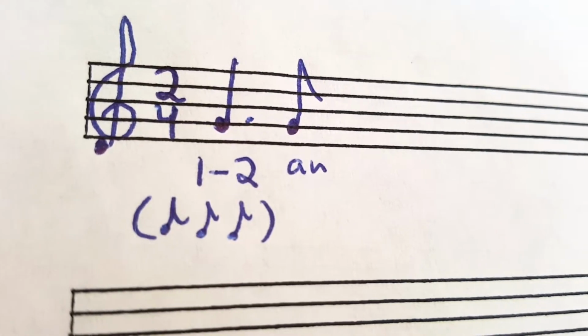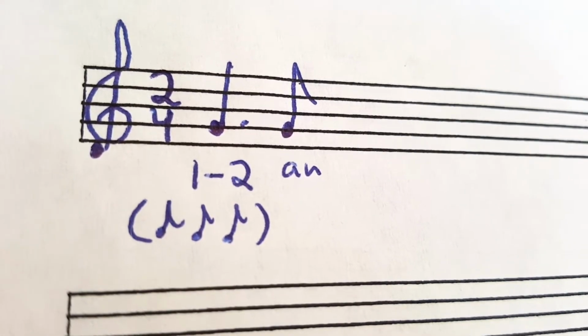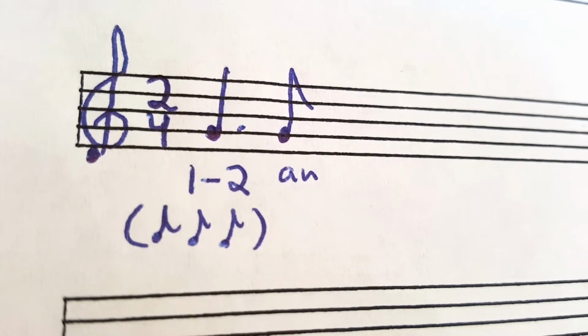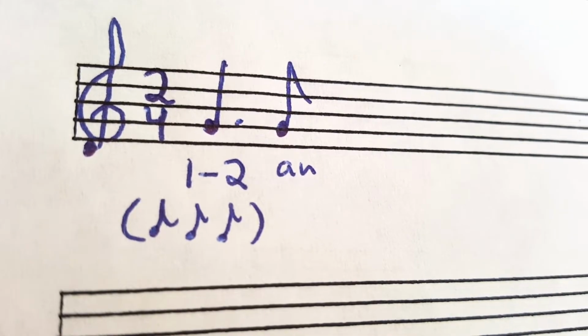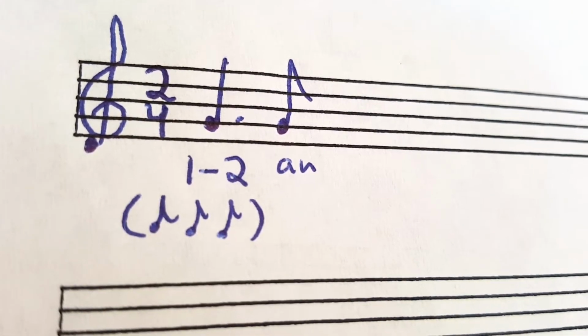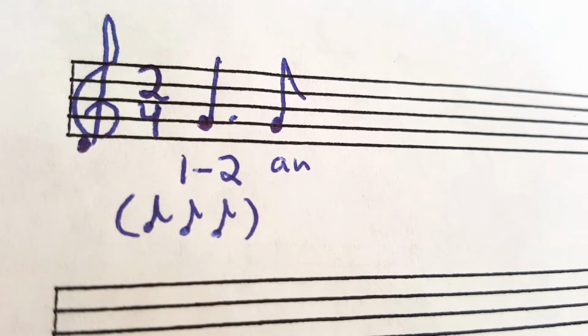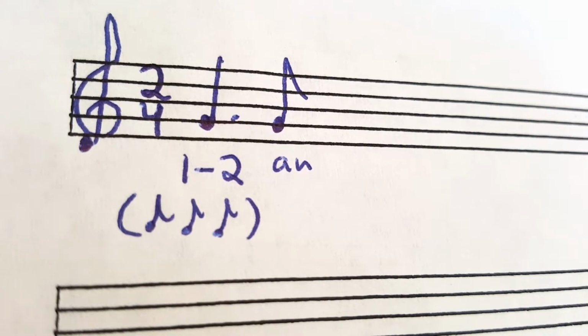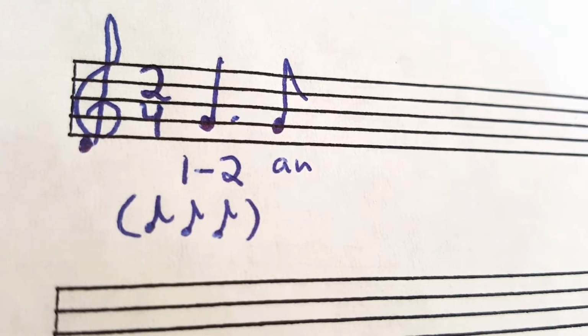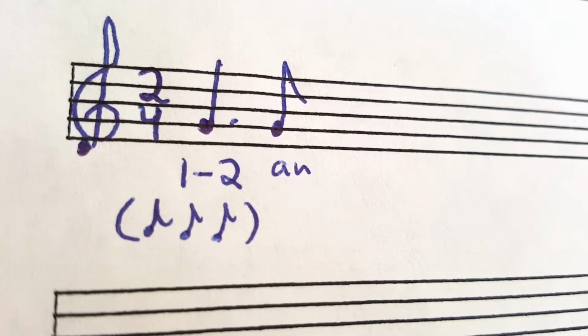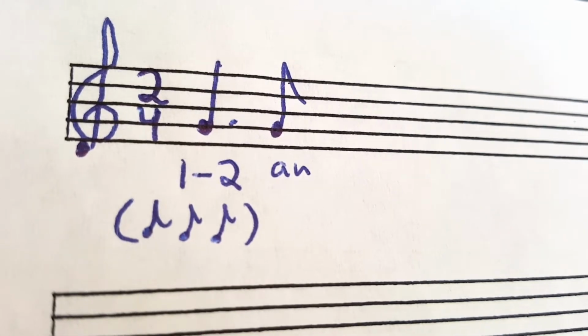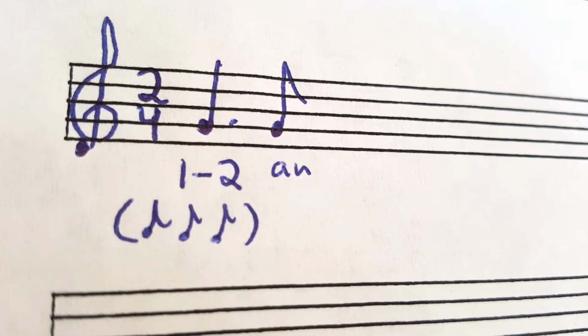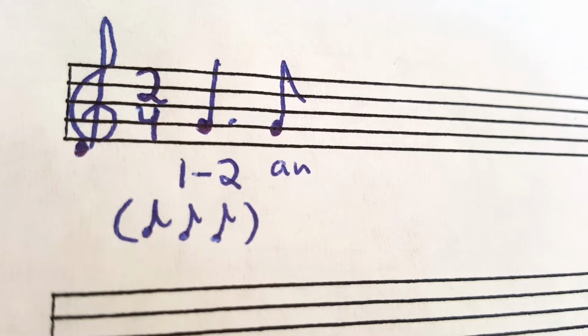So in this example, as we see, there's a dotted quarter note followed by an 1/8 note. This is a typical pattern of this type of note, as you need something to complete the beat. The dotted quarter note could also be followed by an 1/8 rest, and that may be the only way that you could complete this type of measure.